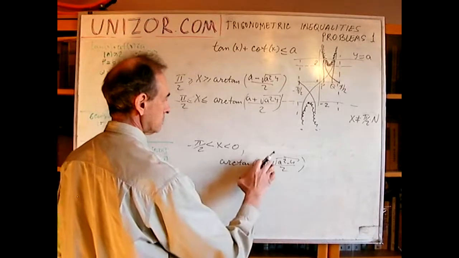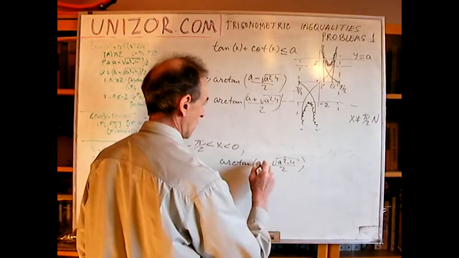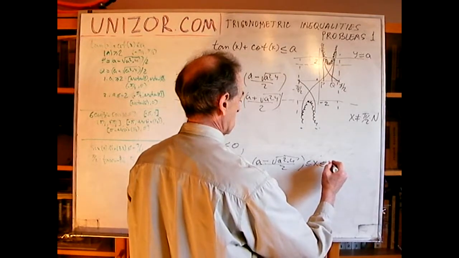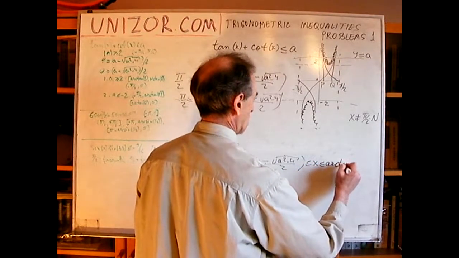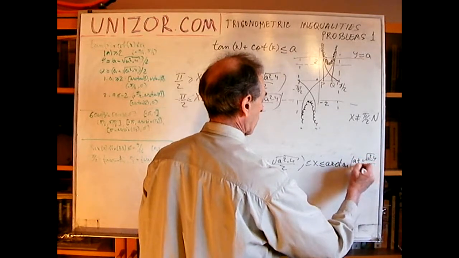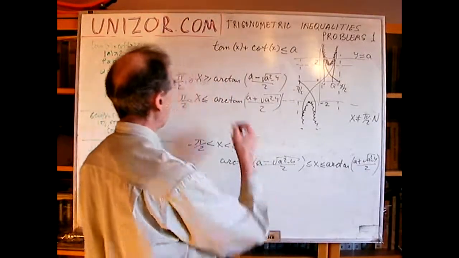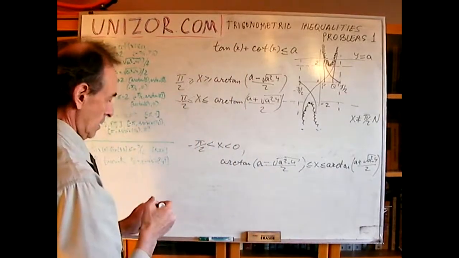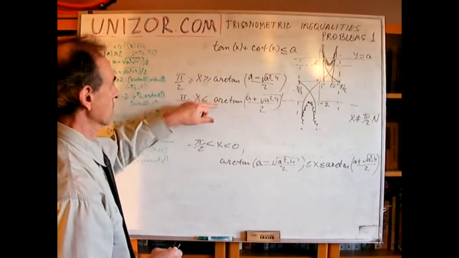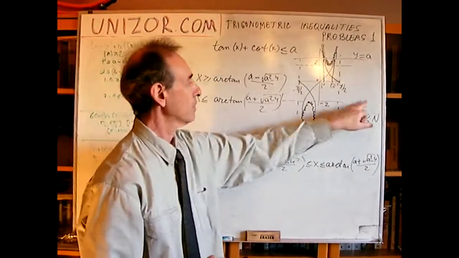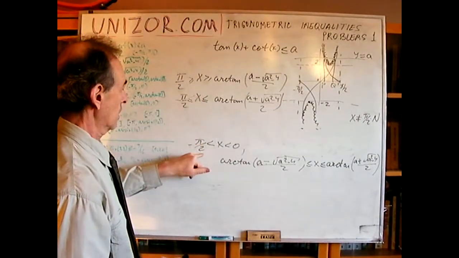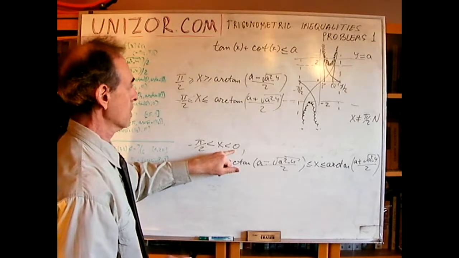So it should be from minus pi over 2, not including, to arctangent of a minus square root... and from arctangent of a plus square root of a squared minus 4 over 2. So we have to combine these two together, right? So this is exactly the same as whatever I put here, except I applied these particular restrictions. No pi over 2 and no 0. That's why we did this.